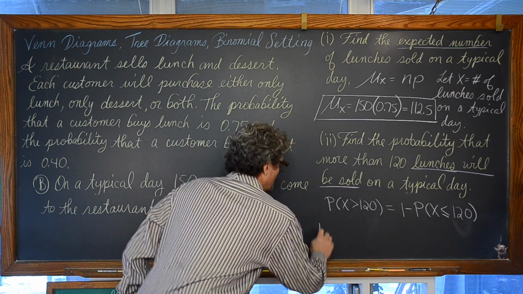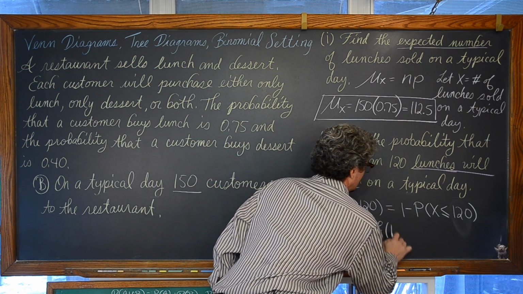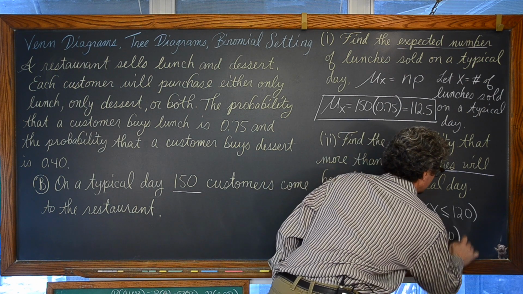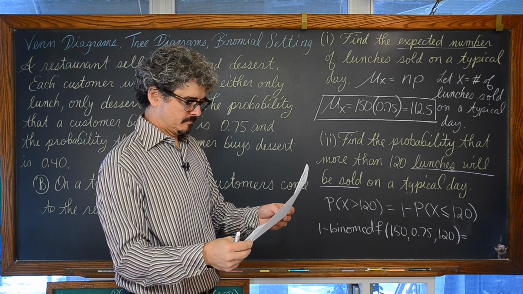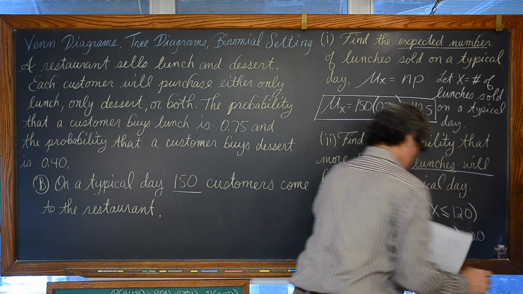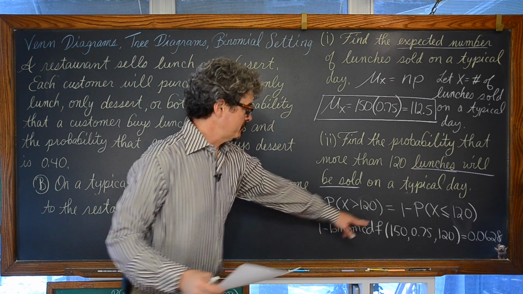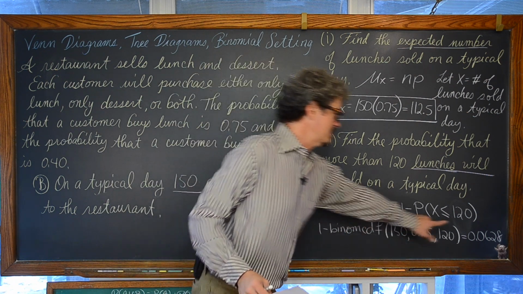Which means we're looking at 1 minus binomcdf(150, 0.75, 120), and that comes out to be 0.0628.